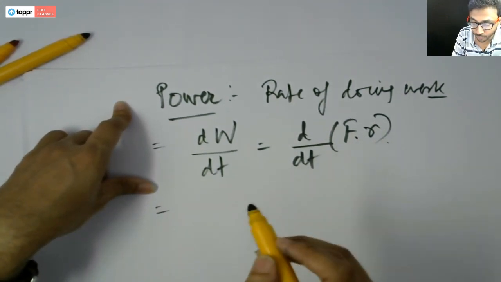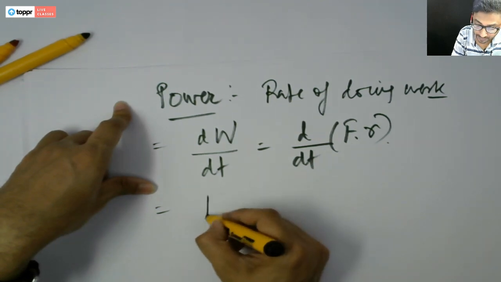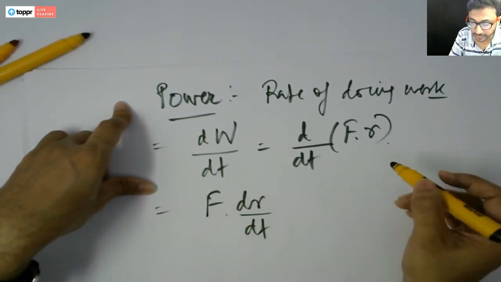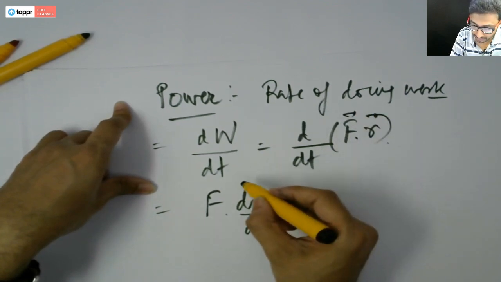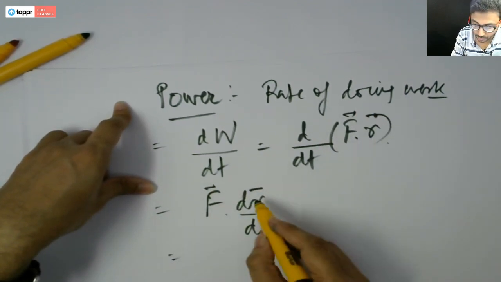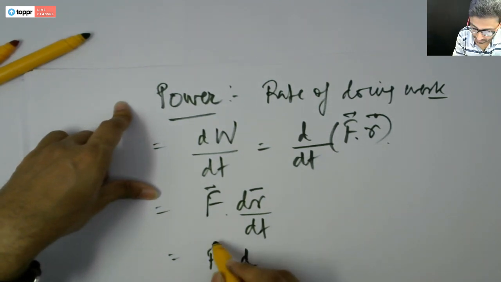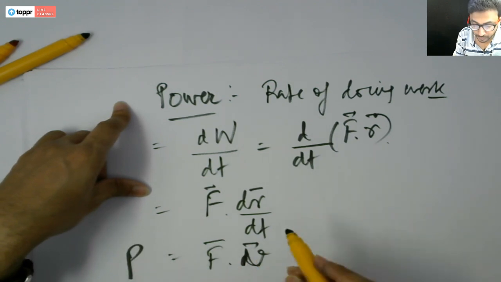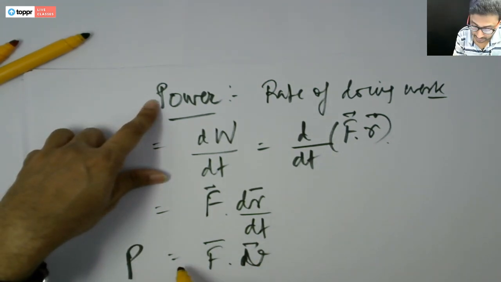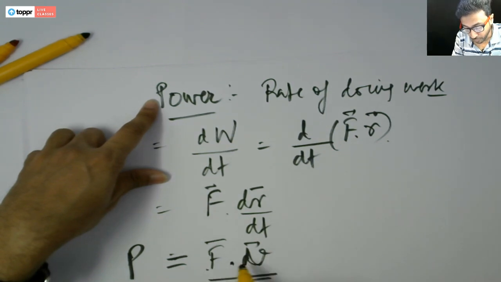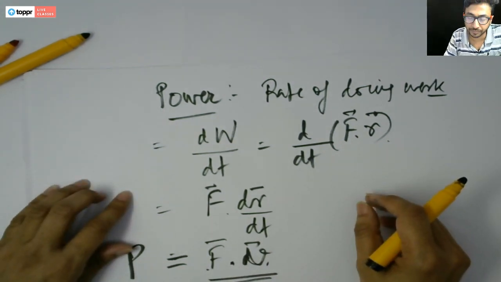Let us consider the force is constant. If force is constant, it will be F dot dr by dt. Let's make it vectors also. We know dr by dt is nothing but velocity. So for a constant force, power can be written as the dot product of force and velocity.